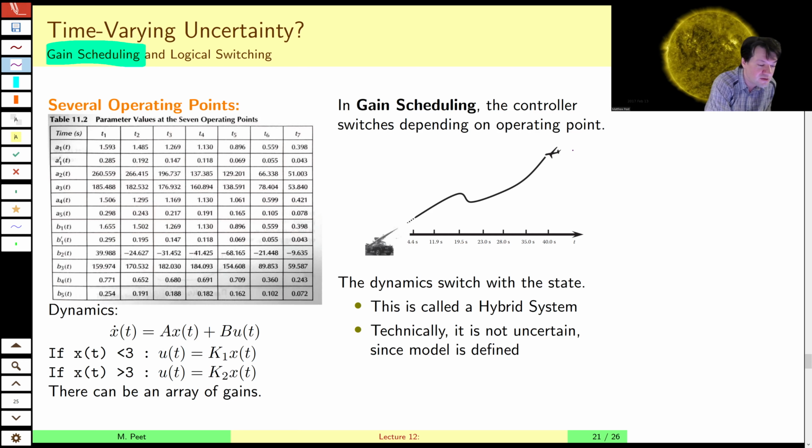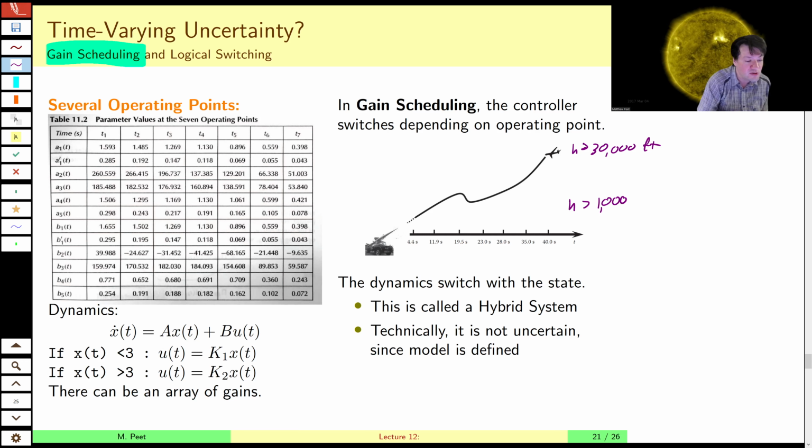It has to operate at high altitude, say a height of greater than, say, 30,000 feet, for example. It may operate at a height of greater than 1,000 feet. And the density of the air and various other conditions going on there are going to be very different. So the parameters in our model are going to change continuously over time.